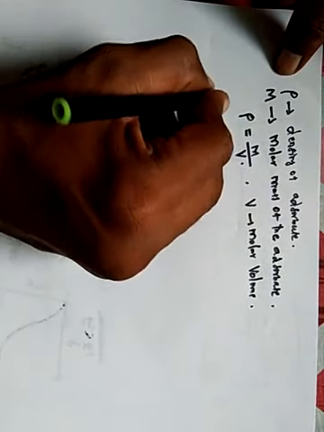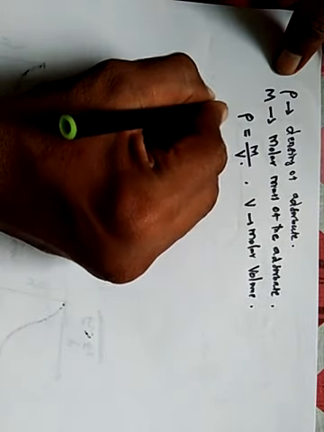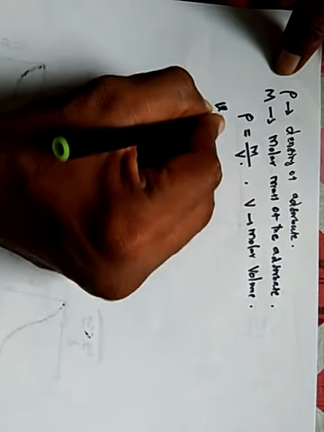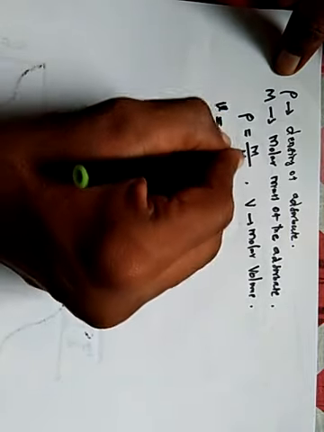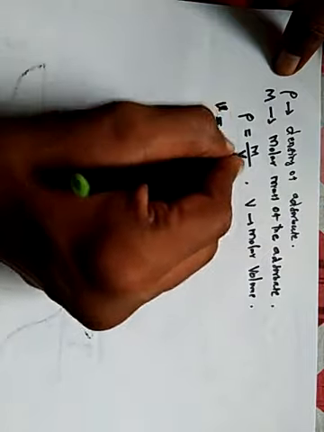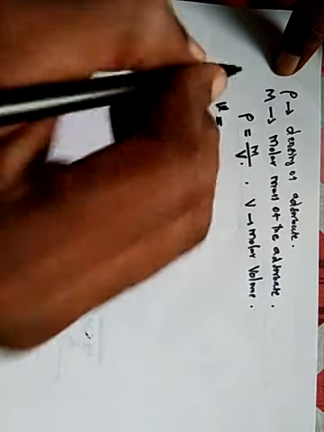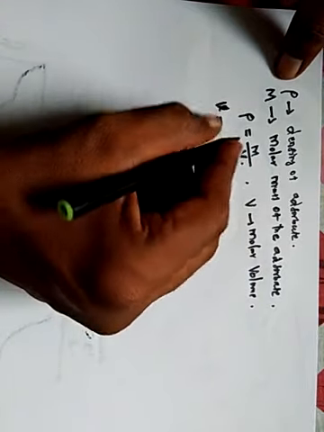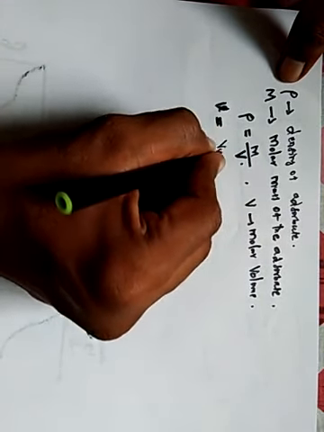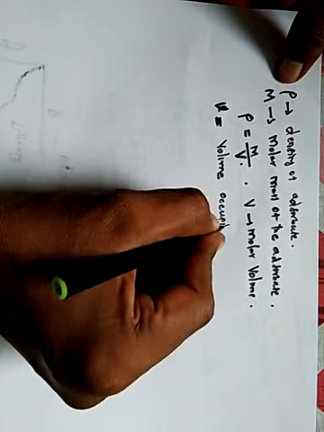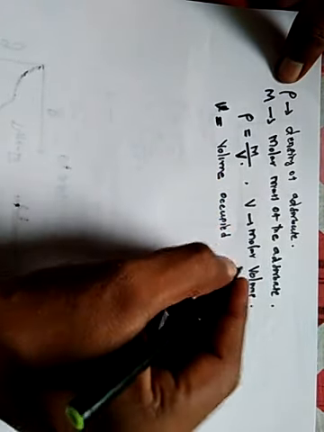Then for the molar volume, let me assume this small v. This is capital V, and to differentiate it, I am writing this small v like this. Consider this small v is the volume occupied by a single molecule.